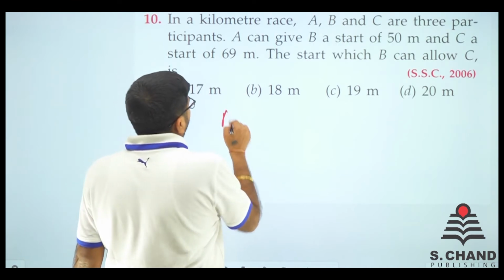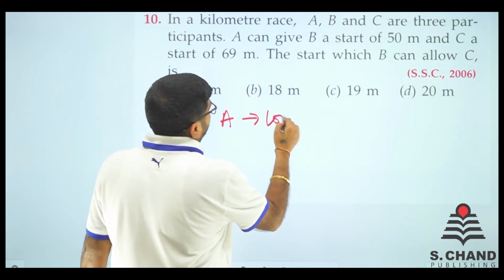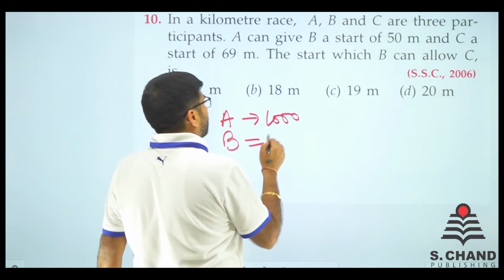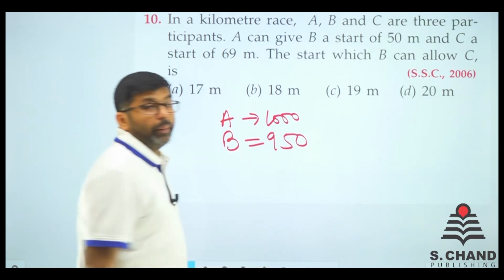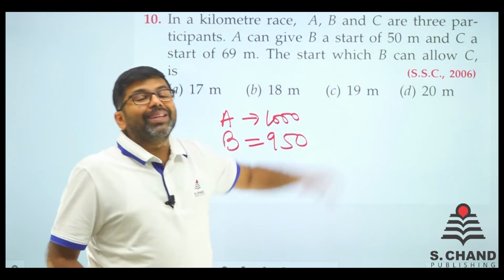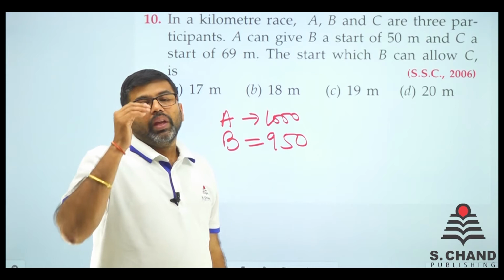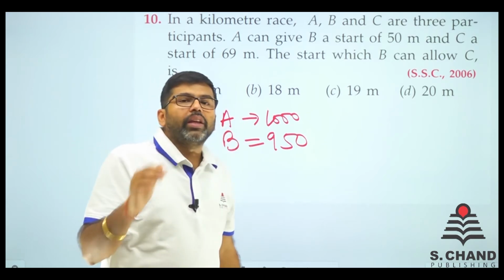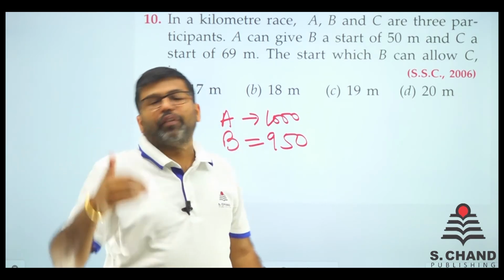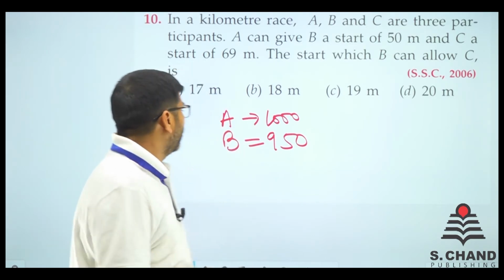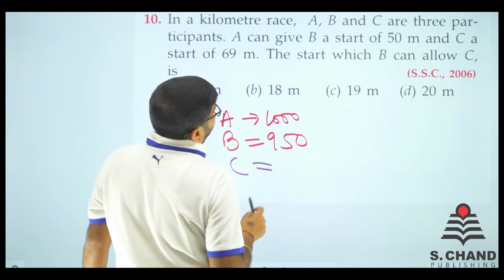See, if A goes 1000, right, then B just goes 950. Why so? Because of a start of 50 meters. That means if A goes 1000, B goes 1000 minus those 50, because B is 50 meters ahead. Now how much ahead is C?